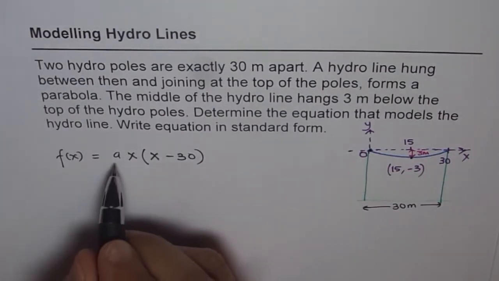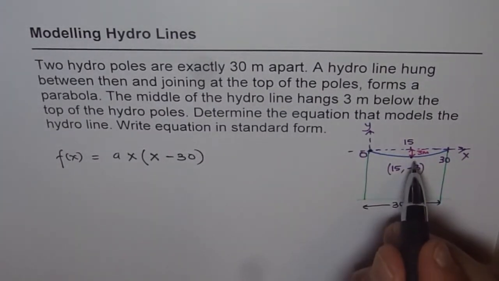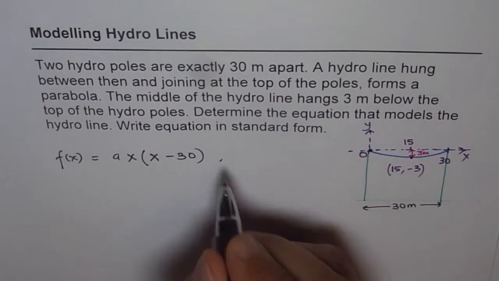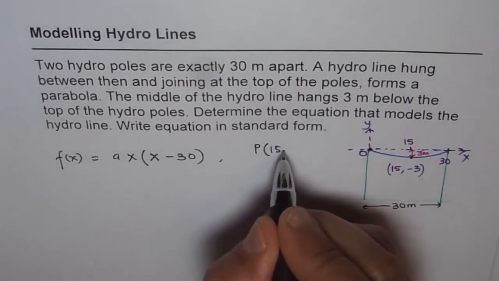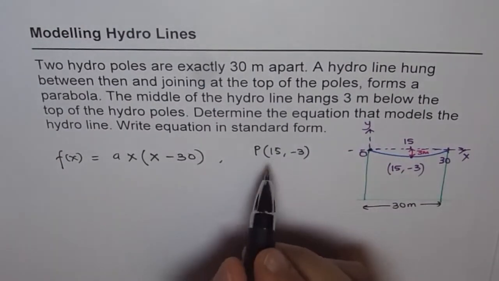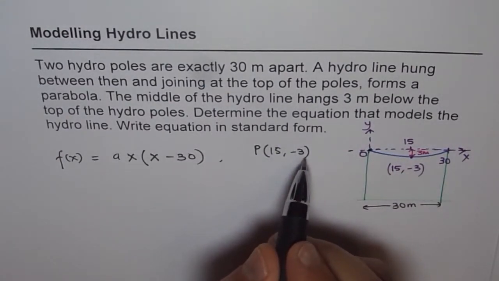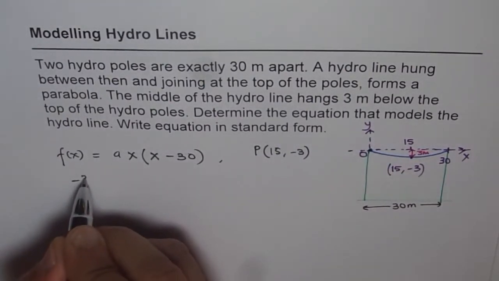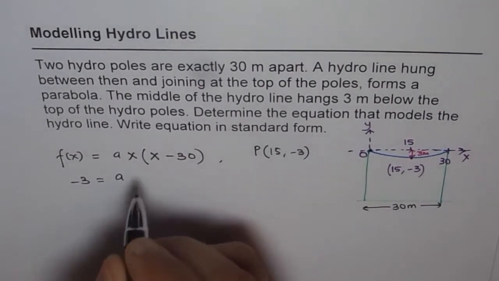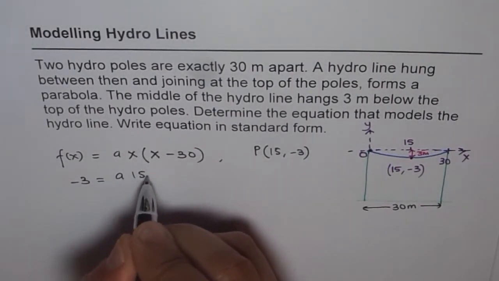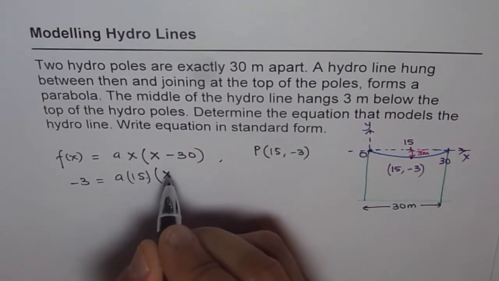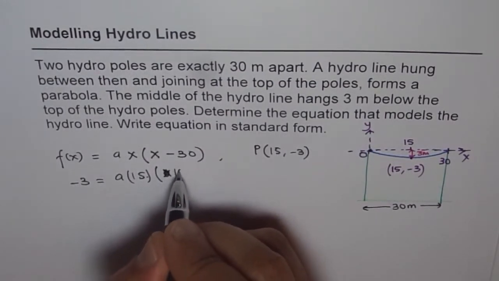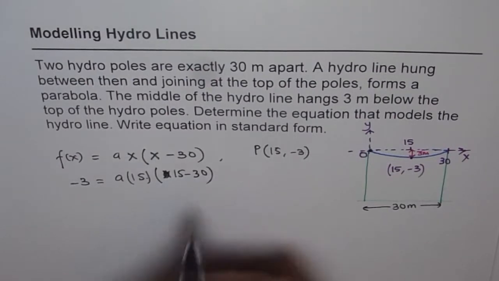Now to find the value of a, we can use the midpoint, which is the point (15, -3). X value is 15, y value is minus 3. So we'll write minus 3 equals a times 15, times 15 minus 30.